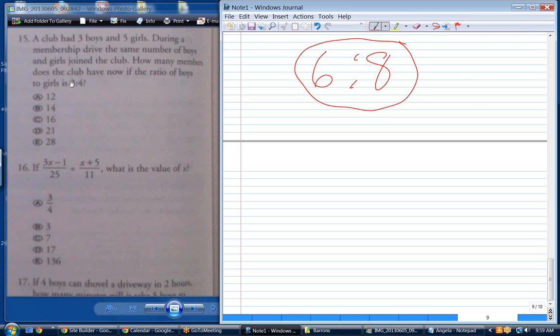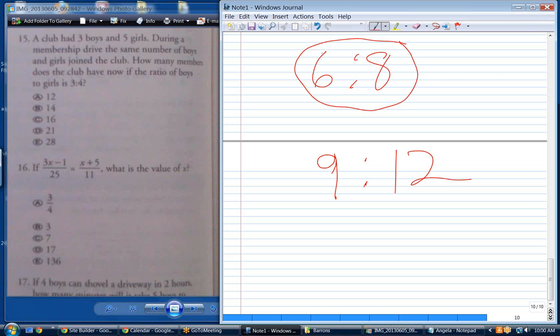And the reason I know that is because 3 and 4 adds to 7, and 12 is not divisible by 7. 21 is. 21, notice, is 3 times that total. So all I have to do is multiply both of them by 3. So 9 is to 12 would also be a possible answer. 28 is also divisible by 7, so I could make it work.